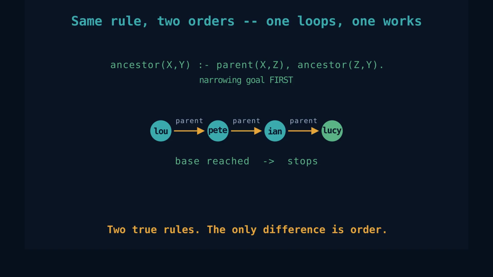The goal stack spirals downward forever. The right-recursive version puts parent first, parent of X and Z, then ancestor of Z and Y. Now each step takes a real parent step down the family tree, the problem shrinks, and the search reaches an answer. Two true rules. One loops, one works. The only difference is order.